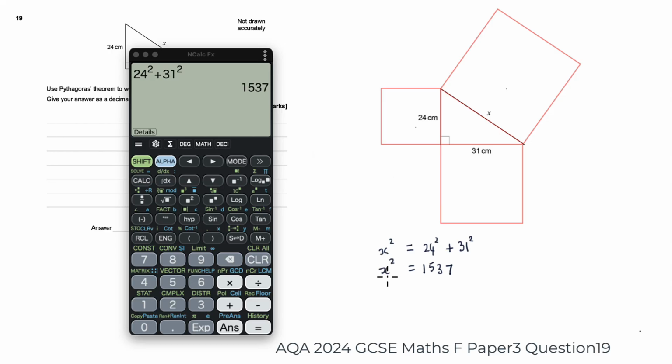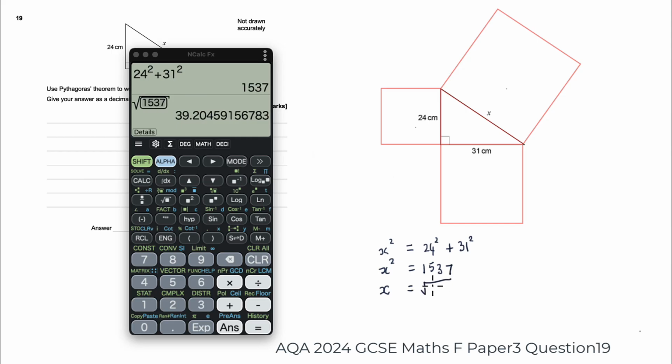And the inverse process to squaring is square rooting. Now that would be this button on my calculator. So I'll be wanting to take the square root of this previous answer. So square root, and then I'll press the ans key. That gives me that decimal.